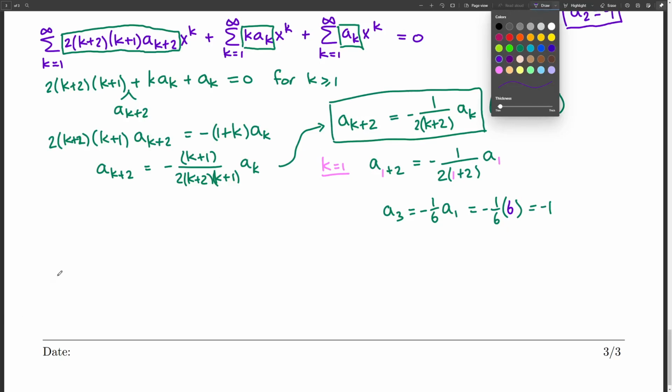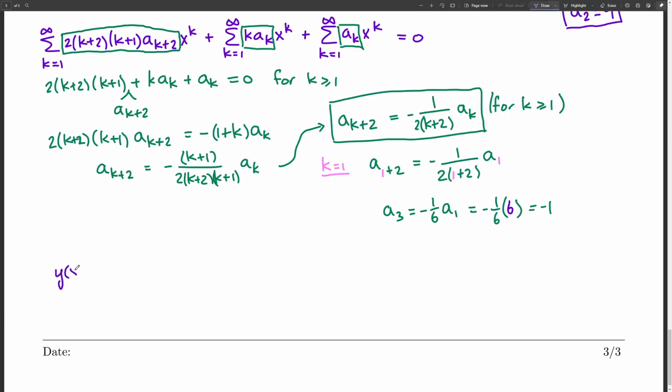And now we can figure out what y of x is. y of x is a naught plus a1 times x plus a2 times x squared plus a3 times x cubed. And we found that a naught was 4.